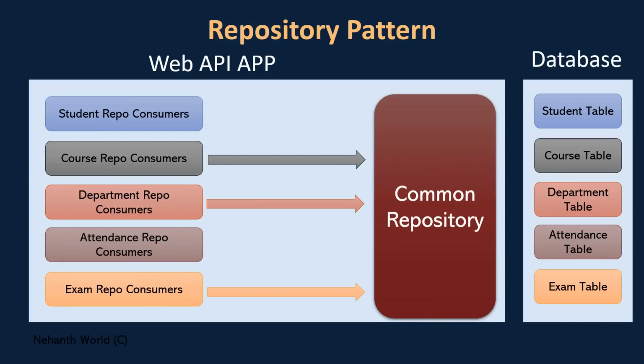So what is this common repository? Inside this common repository, we have created some common functionalities like getting all the records from a table, getting one record by ID, or getting one record by student name, or getting one record by any kind of filter, and creating a record, updating a record, and also deleting a record.